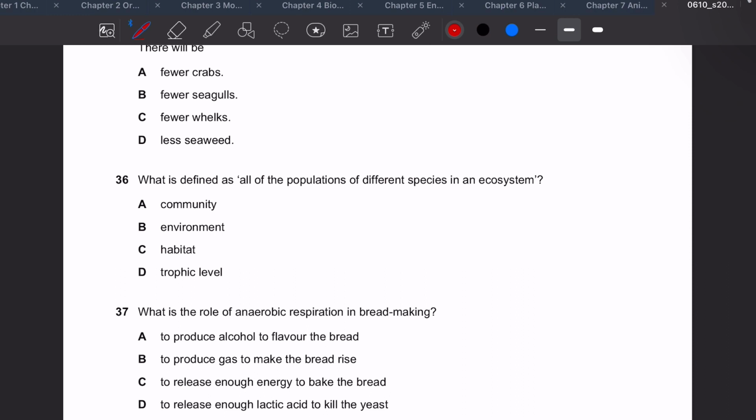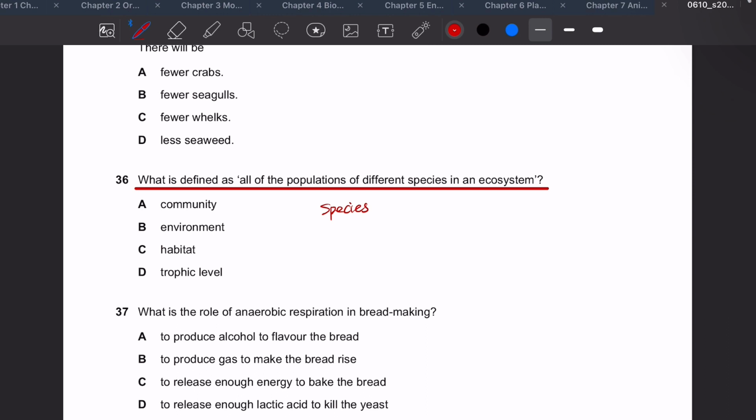Number 36. What is defined as all of the populations of different species in an ecosystem? So in order to understand the meaning of this, it is important to talk about the term species.